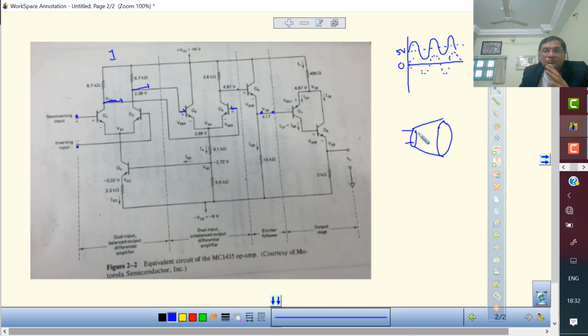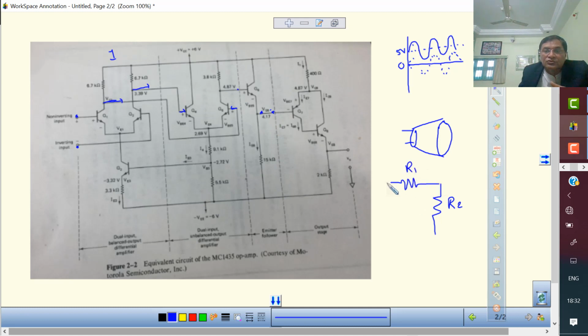What I want to say is that all electronic devices have their own resistance. The speaker has its own resistance because of the coil. Suppose I say this resistance is R2, and the resistance here, if you measure between these 2 points, is R1.